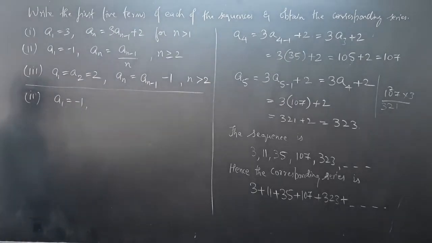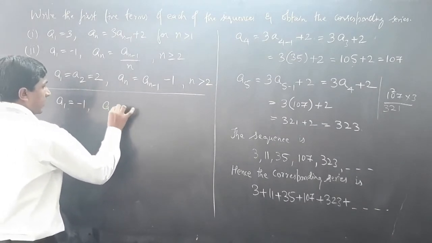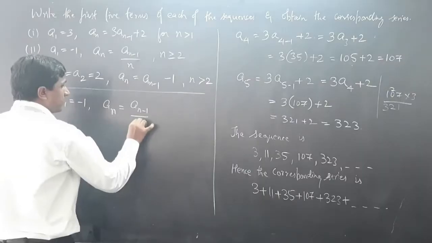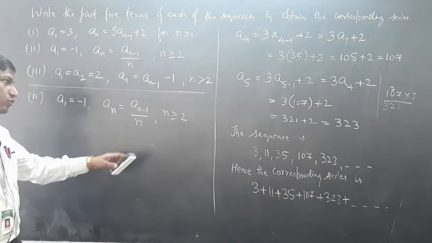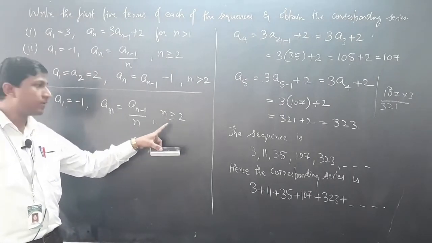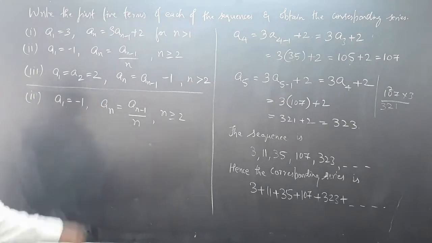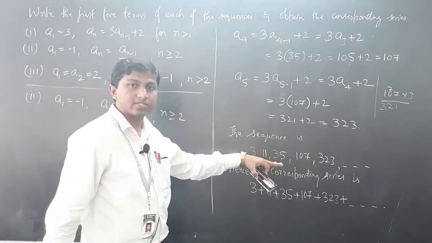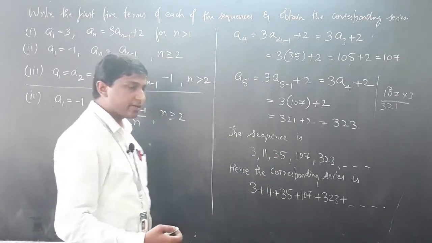For the next terms, we use the formula a_n equals a_(n-1) by n, to be used for all values of n greater than or equal to 2. We will find the first 5 terms first, then in the same way we will write the sequence and then the corresponding series.